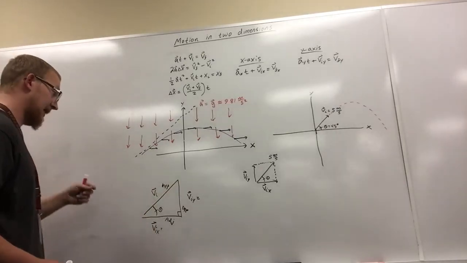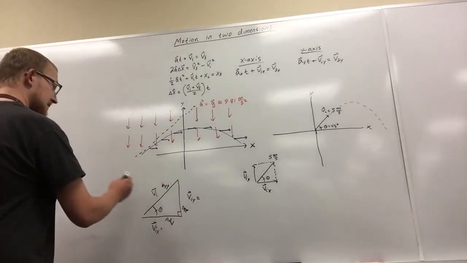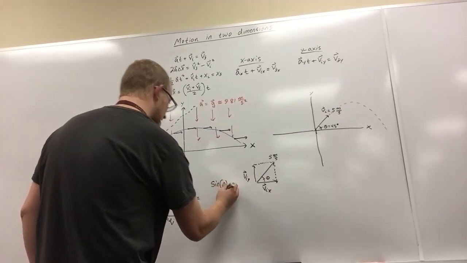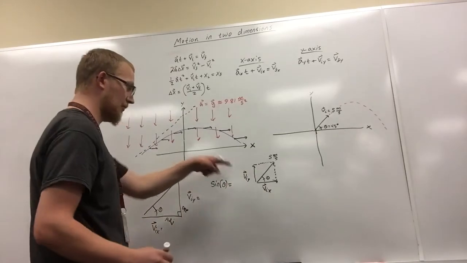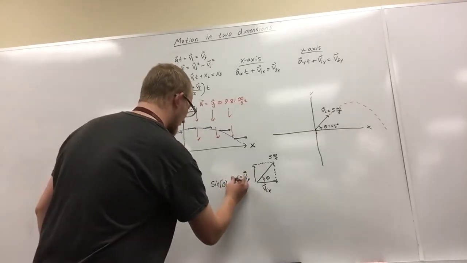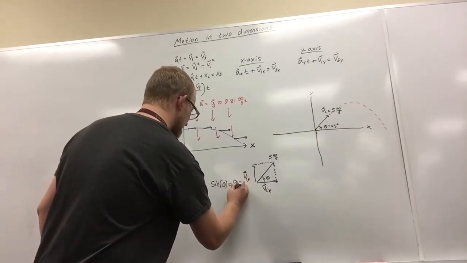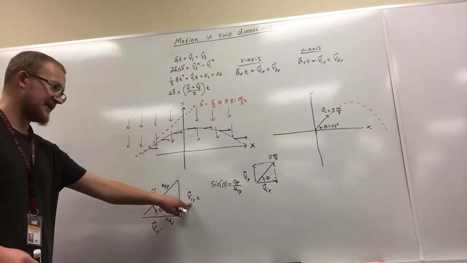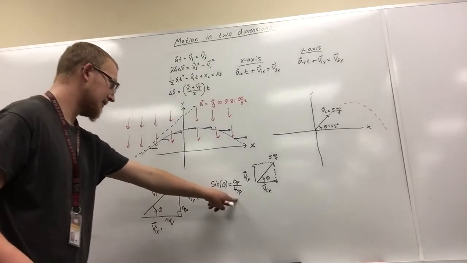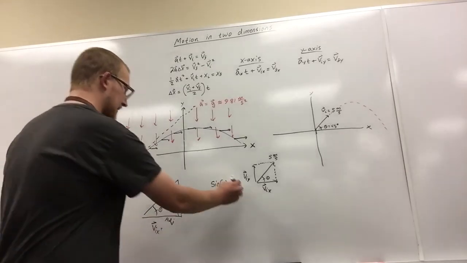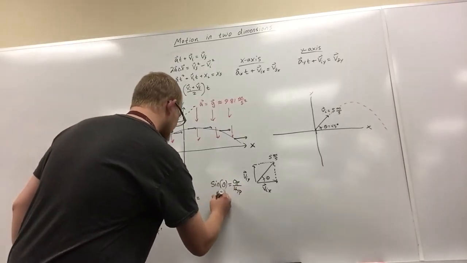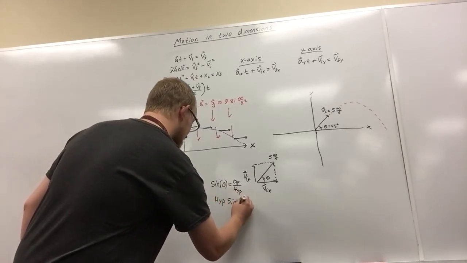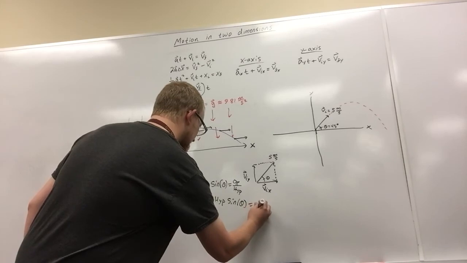As we know, sine of theta equals SOH, opposite over hypotenuse. If I wanted to solve for the opposite side, in this case VIY, I would multiply the hypotenuse over. So hypotenuse times sine theta equals the opposite.